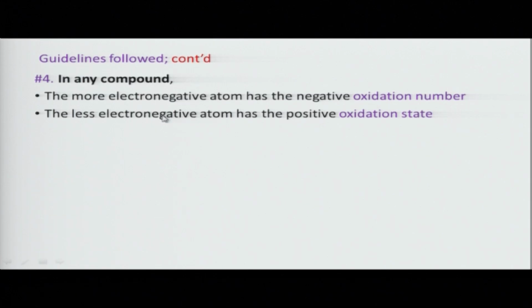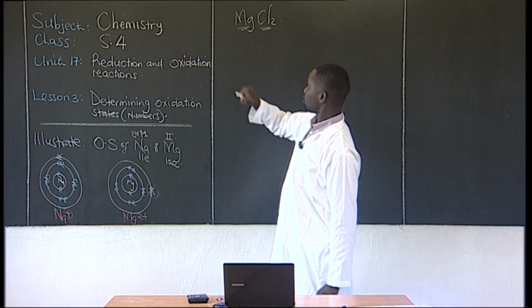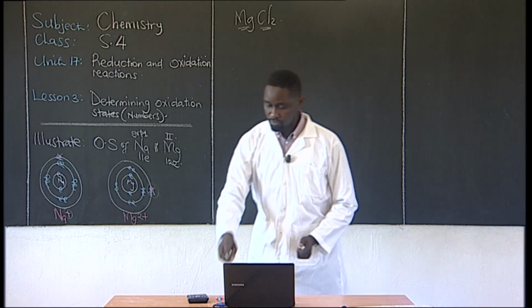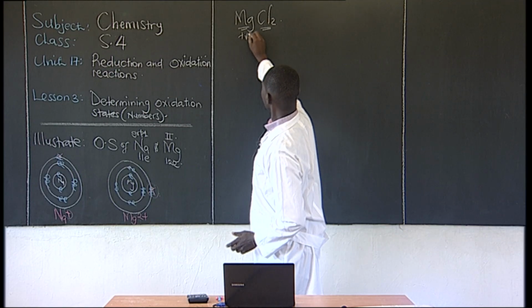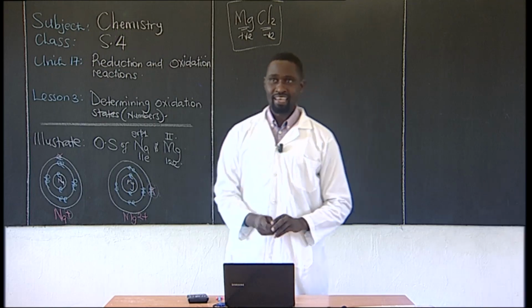The less electronegative atom will have a positive oxidation state because it will lose electrons. For example, in magnesium chloride, chlorine is more electronegative, magnesium is less electronegative. This has a positive value, this will have a negative value. This is what we mean by that component.